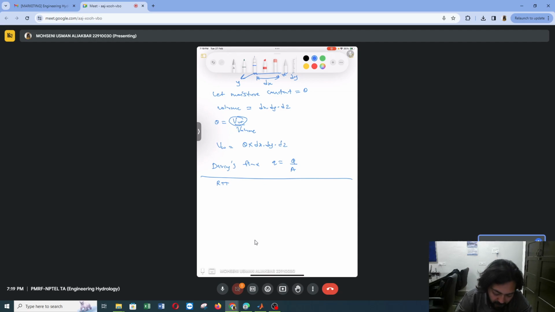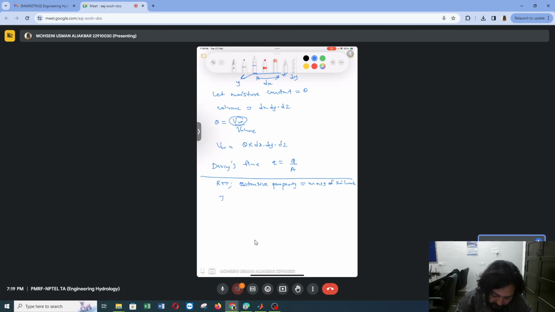Whenever we use the RTT equation, the first thing we consider is an extensive property, right? An extensive property for what? We are using conservation of mass. So obviously the extensive property would be mass here, M. Mass of what? Mass of soil water.